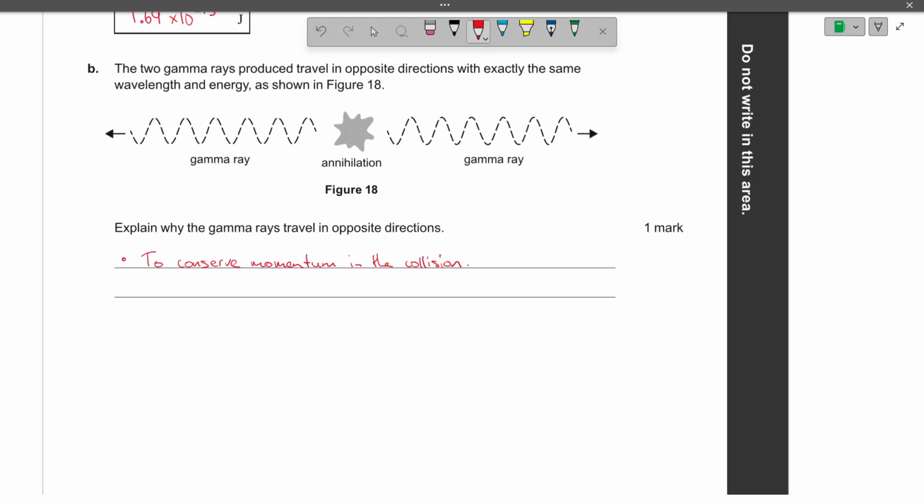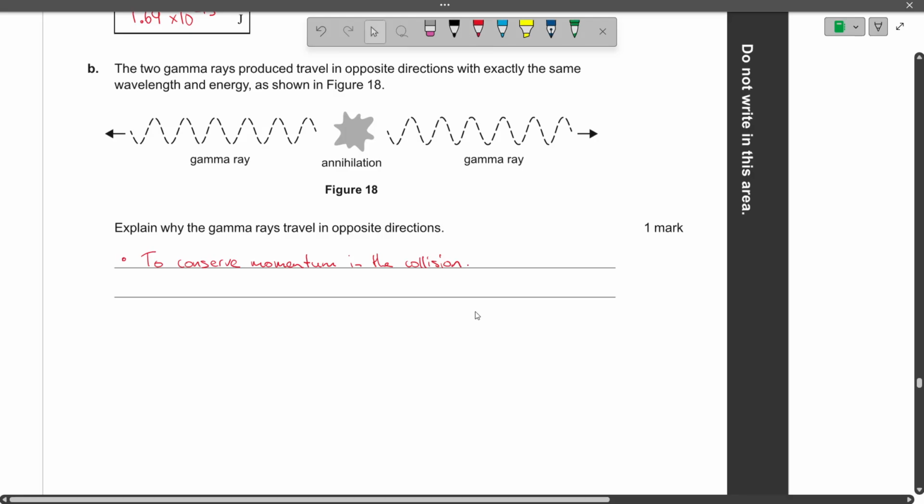That makes sense. The gamma rays themselves do have momentum. Gamma rays are photons of some kind, and we know from theory that photons have momentum. That's all we really need for one mark: to conserve momentum in the collision.